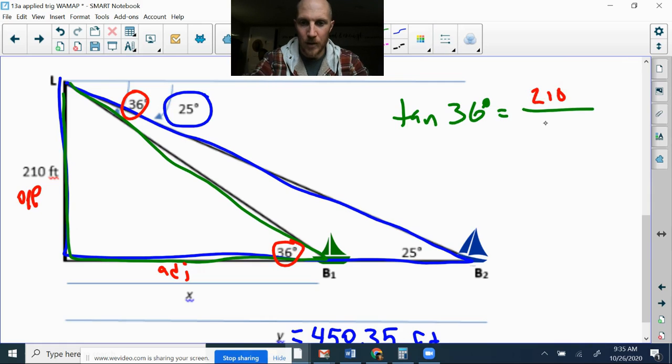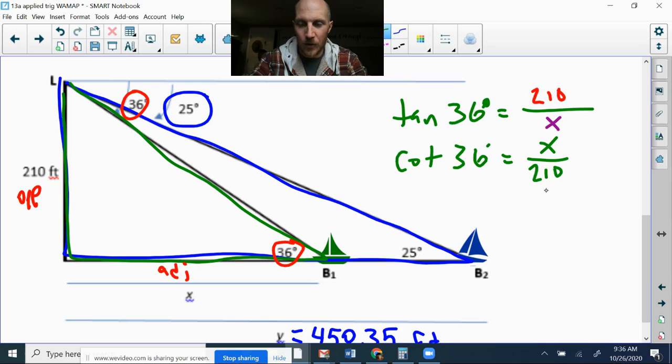Adjacent on the bottom, that is my x. Okay, I still don't want that variable to be in the denominator. So could I continue with the problem as I have set it up? Yeah, absolutely, you could. I want to use cotangent because I want to save that one algebra step. So adjacent over opposite. So I'm going to get x over 210. And then I will need to calculate the cotangent of 36 degrees.